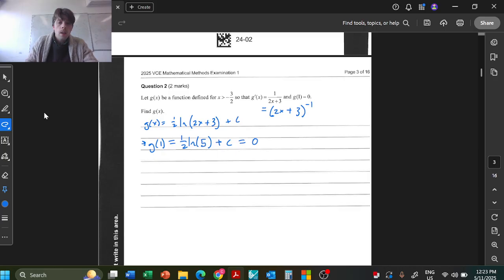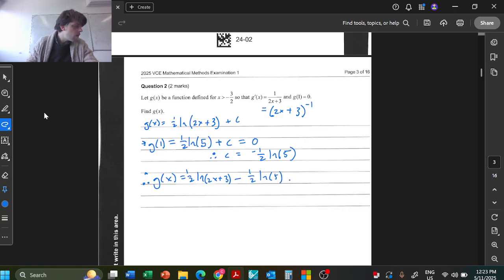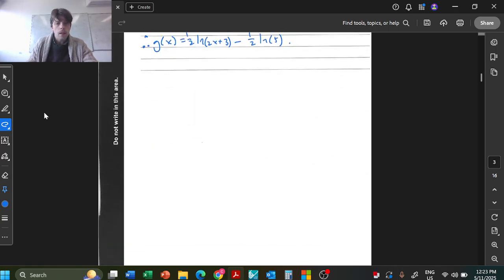That implies that c equals negative a half ln 5, and therefore g of x equals a half ln of 2x plus 3 minus a half ln of 5. We could just leave the answer like that, I believe.